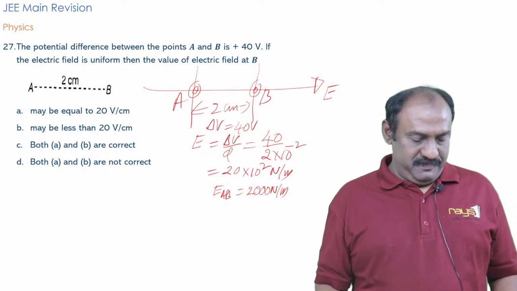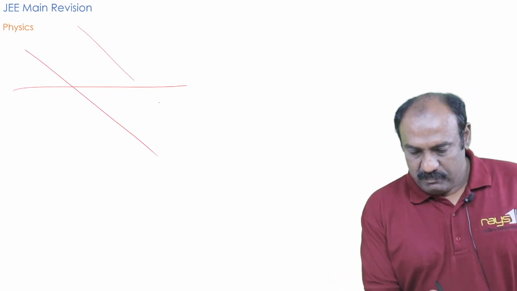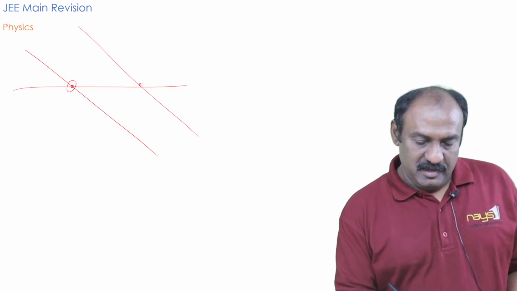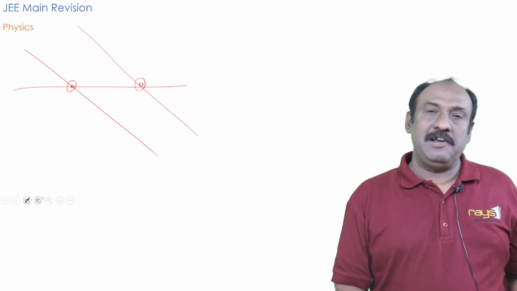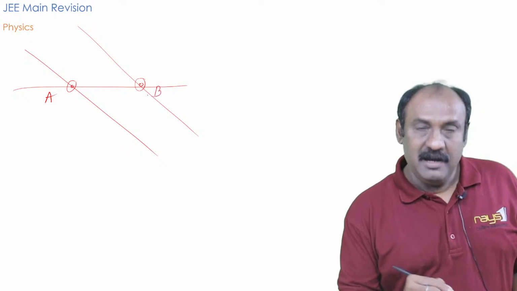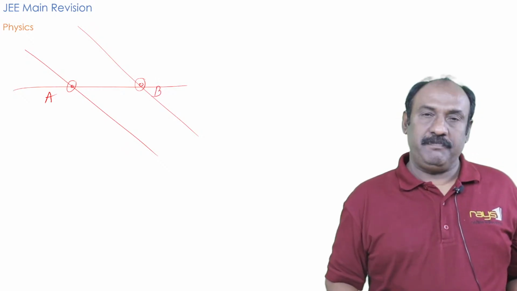Sometimes these 2 points may be on the lines of the equipotential surfaces, A and B.